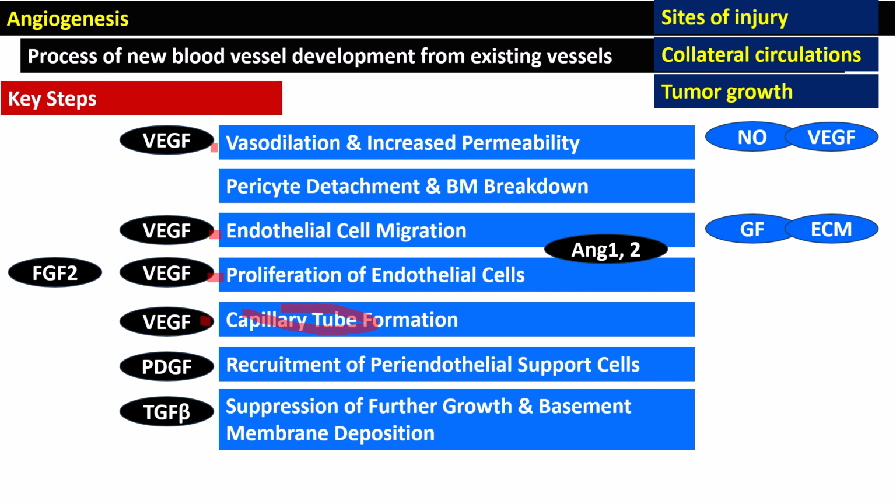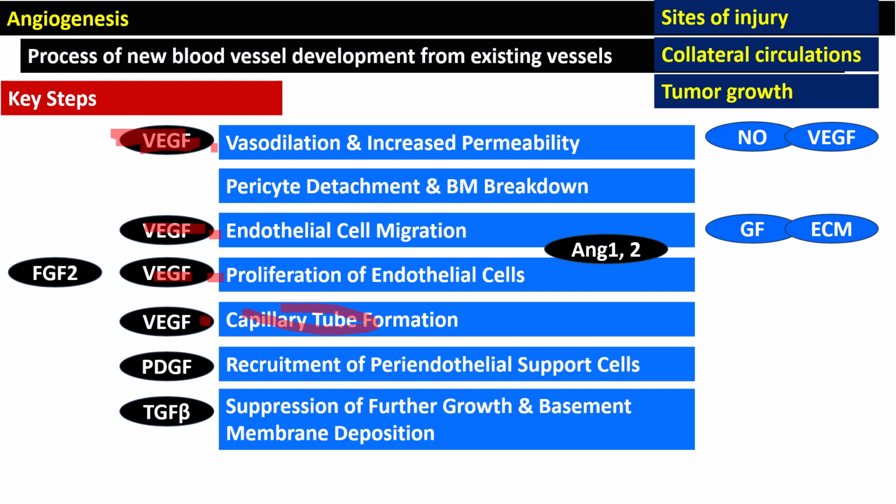The Notch signaling pathway is linked in this stepwise process of angiogenesis, and this signaling pathway interacts with VEGF to control branching and spacing of the new vessels. Then there are extracellular matrix proteins and integrins.